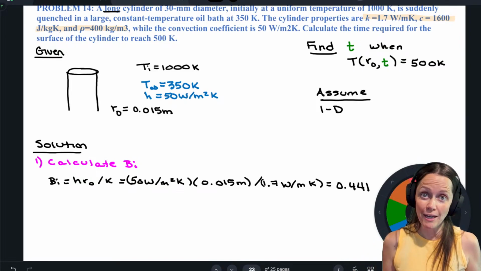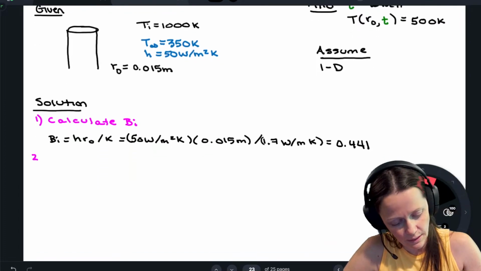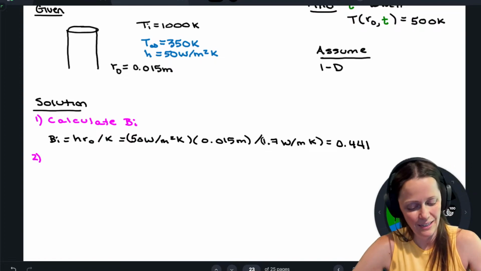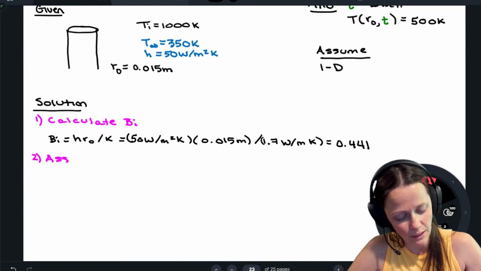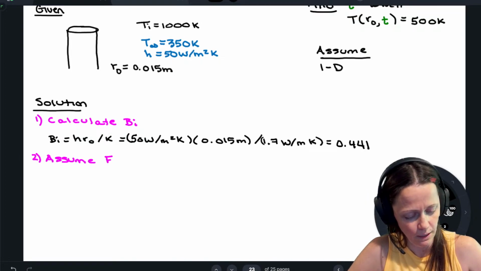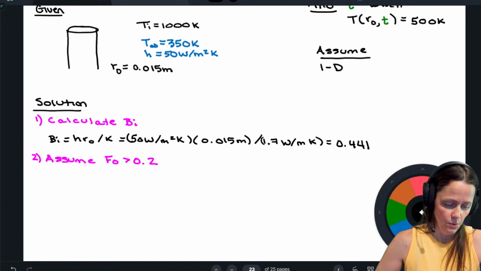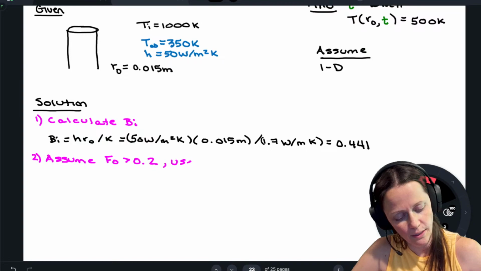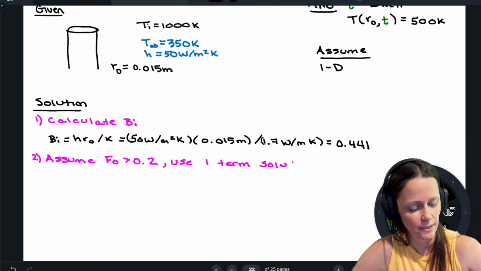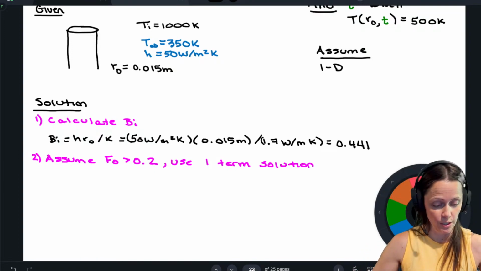So we can't use the lumped capacitance method, but that's okay because we have a one-term solution, assuming that the Fourier number is greater than 0.2. I'm going to copy it straight off of my equation sheet.